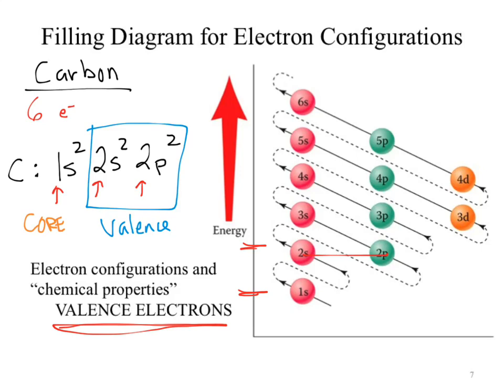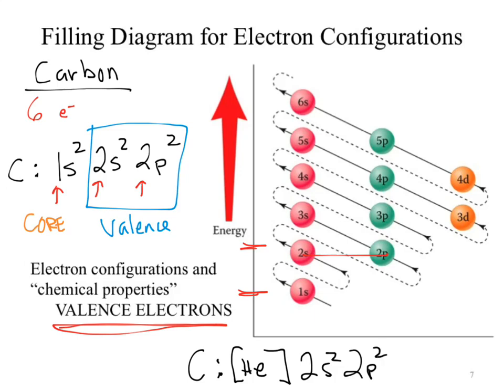So we can simplify. What element has the electron configuration 1s2? Helium. So instead of writing out carbon as this big long thing, I can abbreviate it: carbon is equal to the configuration for helium plus some more electrons.